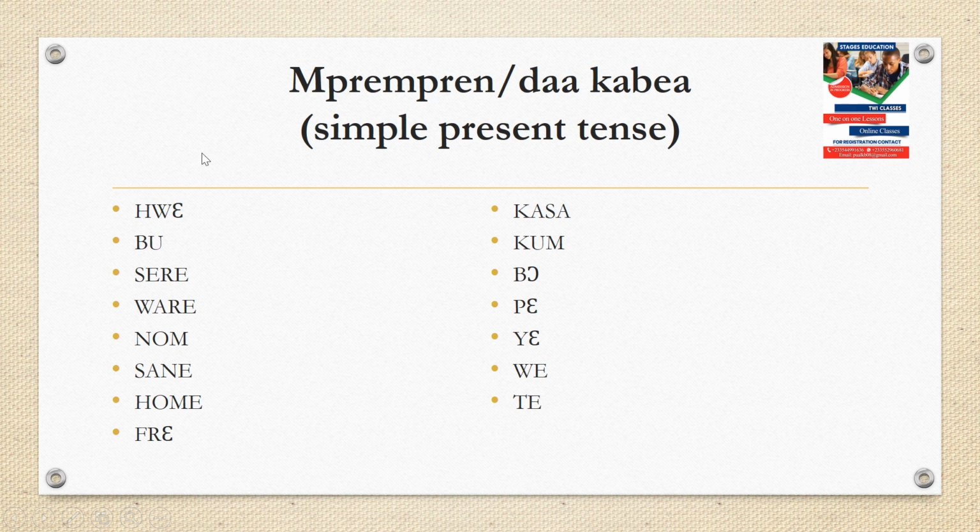So the verbs we will use here are: hwɛ, bu, sre,ware, nom, sane, home, frɛ, kasa, kum, bɔ, pɛ, yɛ, re, te. So this is the Impɛmpɛn or Seisei Kabea. These verbs are in Asante dialect.